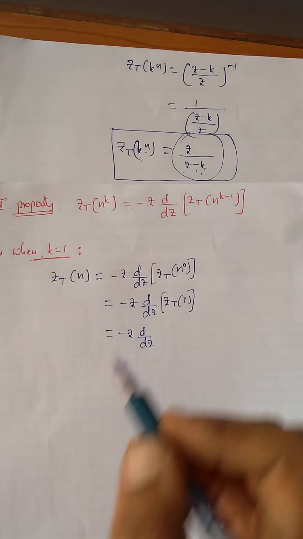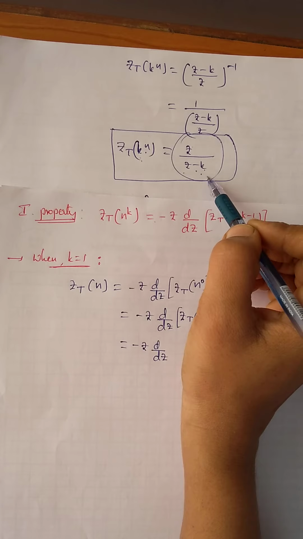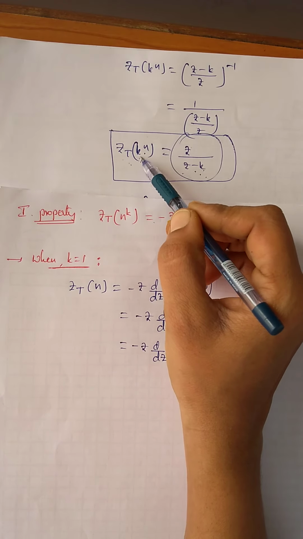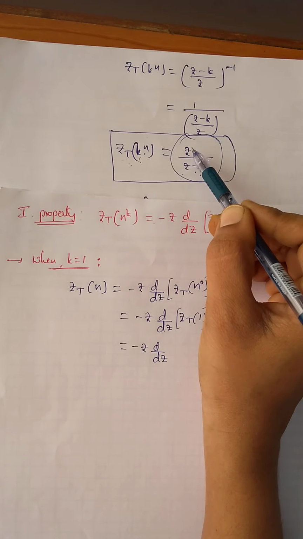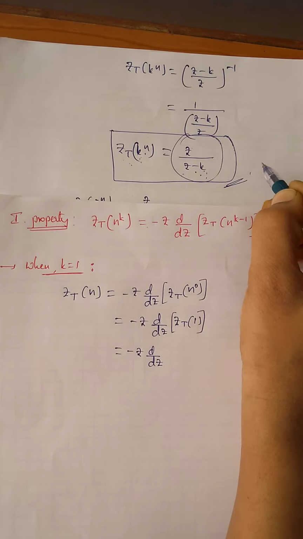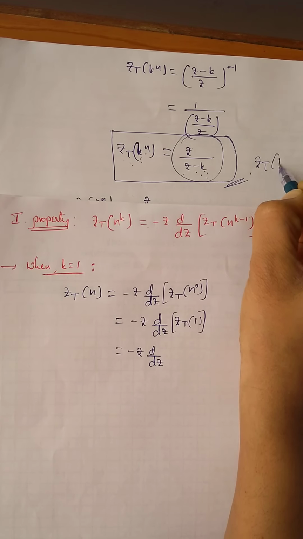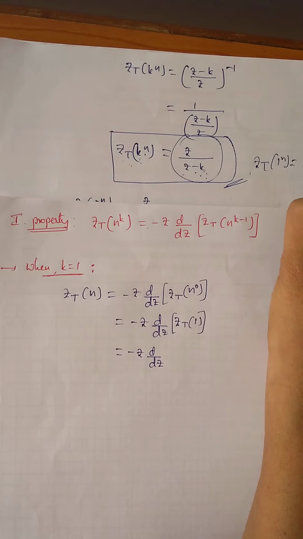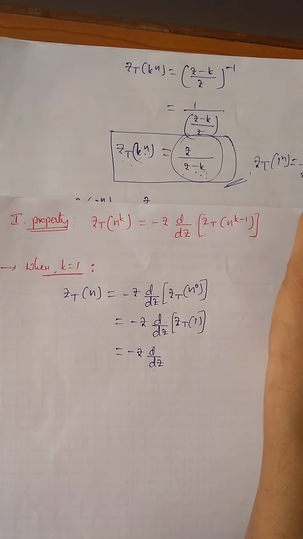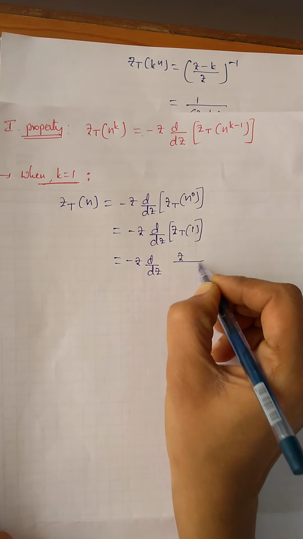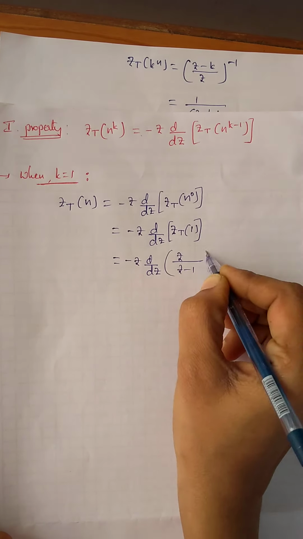Substitute k is equal to 1 in the above formula, we will get Z transform of 1 or Z transform of 1 to the power of n is equal to z by z minus 1. Okay, using this formula we can write Z transform of 1 or 1 to the power of n is equal to z by z minus 1. So we can substitute Z transform of 1 is z by z minus 1.